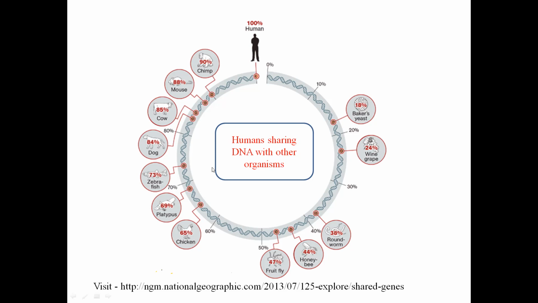So the closest relatives of humans are the chimp, mouse (Mus musculus), and cow (Taurus), and all other chimpanzees, gorilla, and orangutan come into this category.